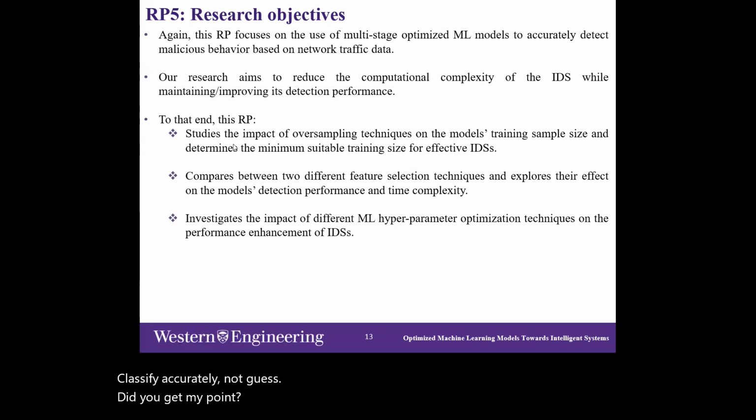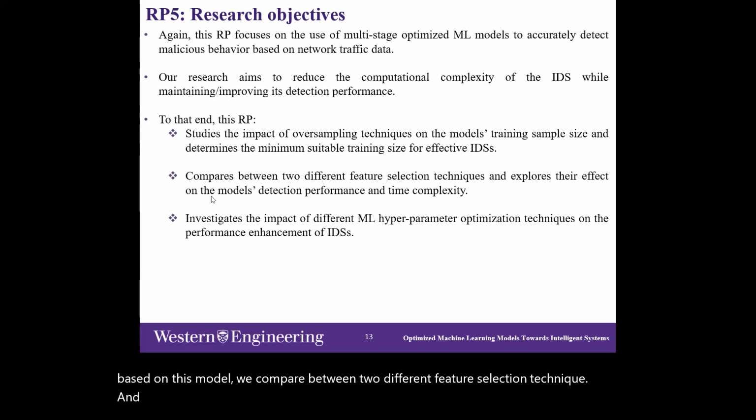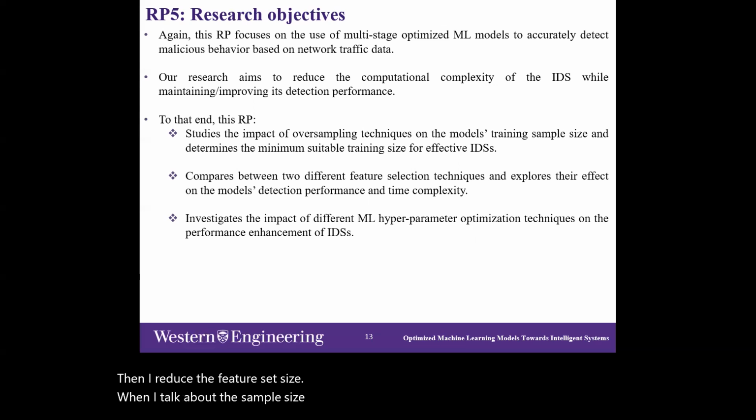Then, based on this model, we compare two different feature selection techniques and explore their effect on the model detection performance and time complexity. Then I reduce the feature set size. When I talk about the sample size, I reduce the number of rows, the number of records required to classify.